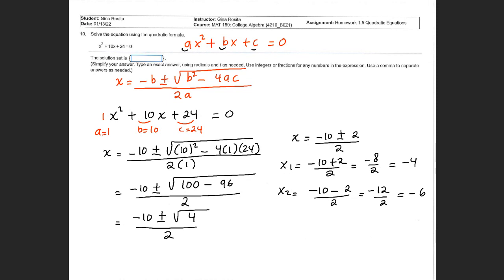Just plug in the formula. Okay, now number 11. Solve the equation using the quadratic formula. It's the same, so we have to find a, b, c.